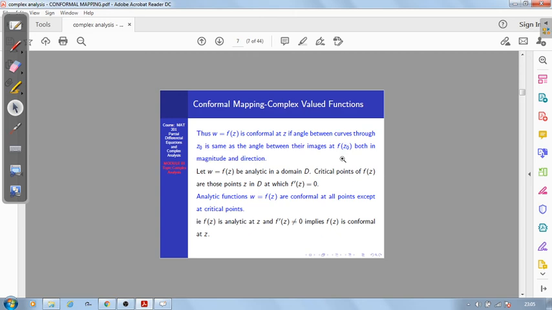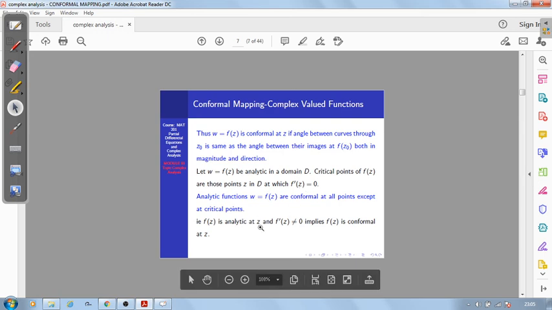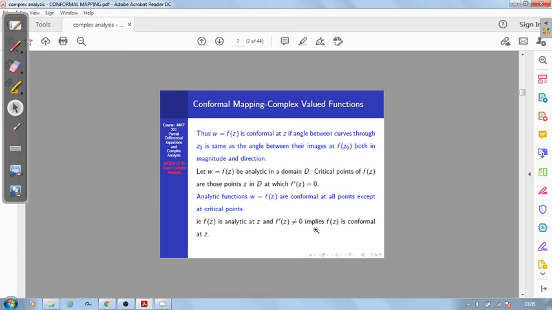And the condition for conformality is this: if the map w equal to f of z is analytic and f dash z is not equal to 0, then f of z will be conformal at z. Or in other words, if f of z is analytic at z0 and f dash of z0 is not equal to 0, then f of z is conformal at z0.